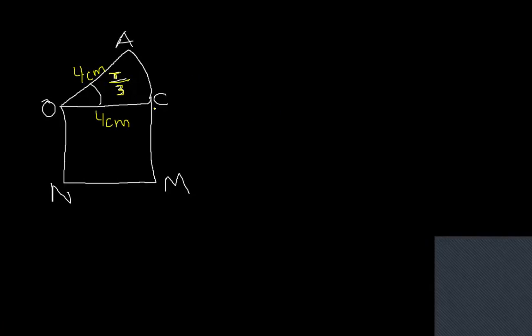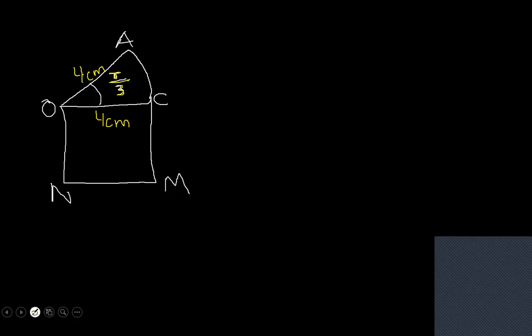First part, they want me to find the area of the entire thing. So not just the area of the sector, not just the area of the square, the area of this entire thing, OACMN. So this whole thing. How would I do that?